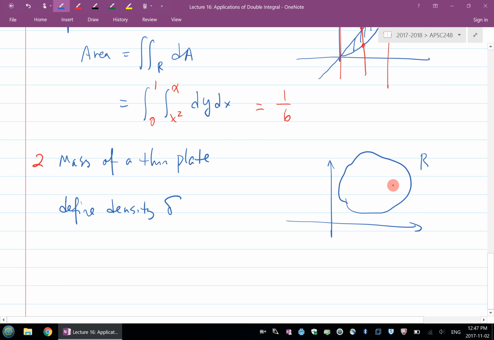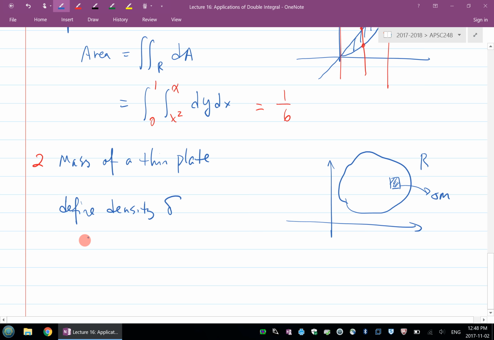Okay. So technically speaking, to calculate the mass, you can use the approximation method. You get the mass of a small patch, then you add up all the small patches, all the small masses together, and you get the total mass.